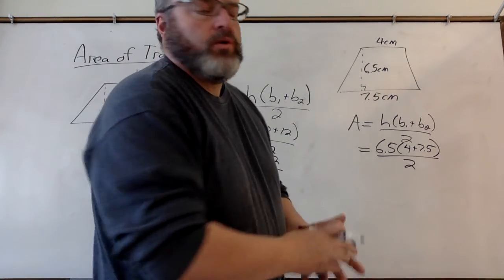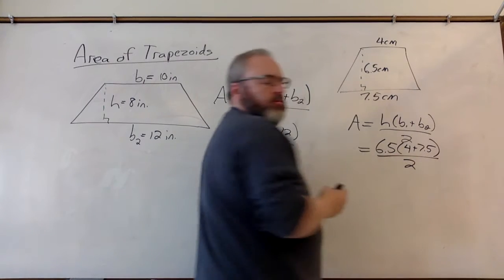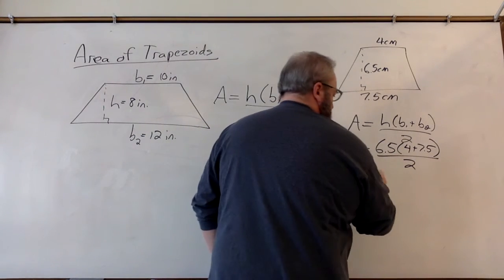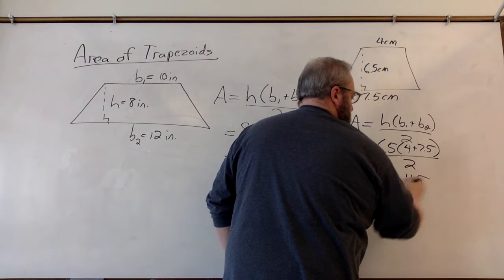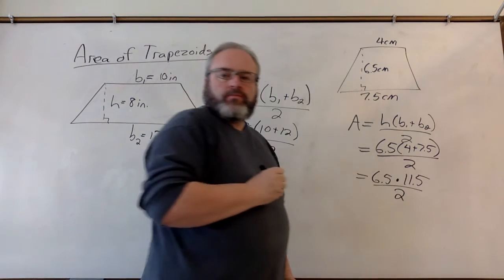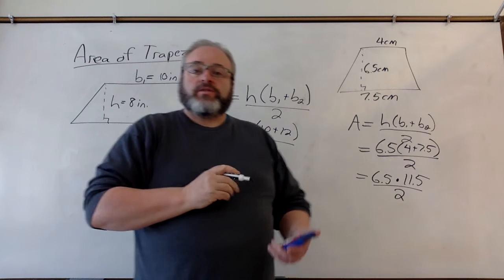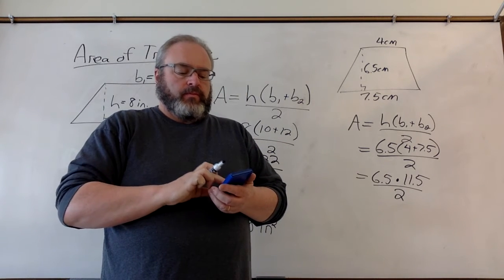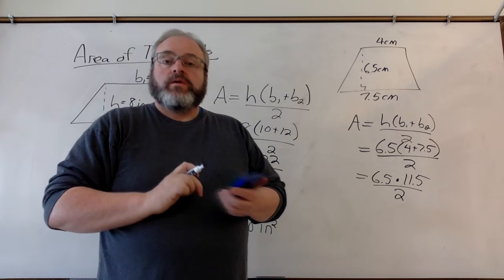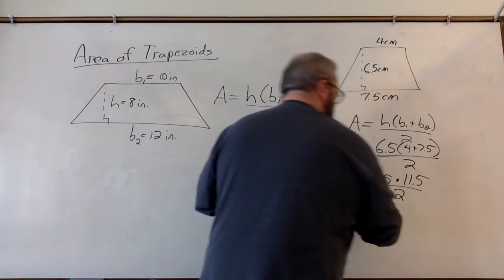So we're going to add 4 plus 7.5, which is 11.5. Now we're going to multiply 6.5 times 11.5. 74.75.